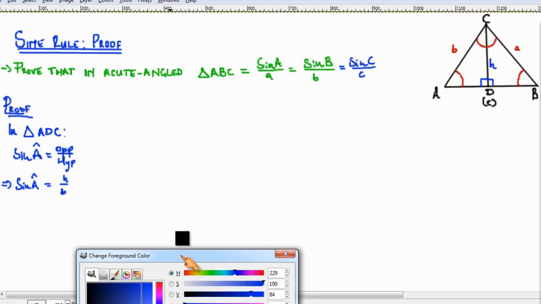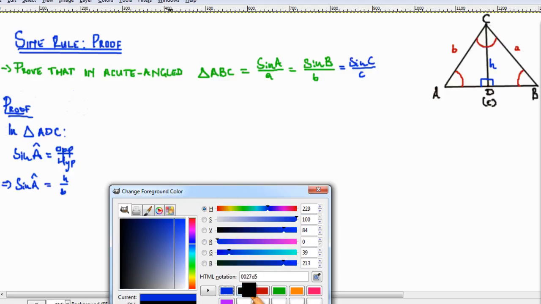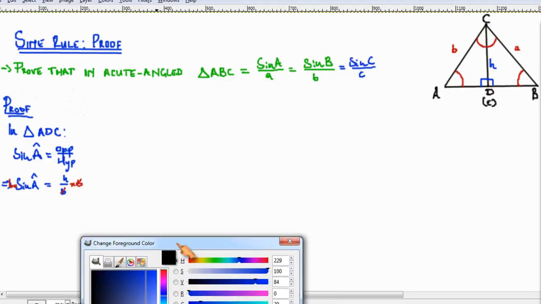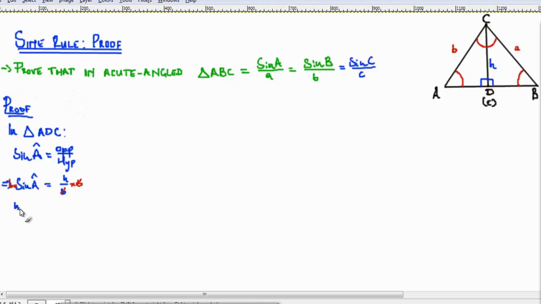From there, to make h the subject of the formula, I multiply by b on both sides, so this cancels out that. And then h is equal to b sine a. Now this is in triangle ADC.